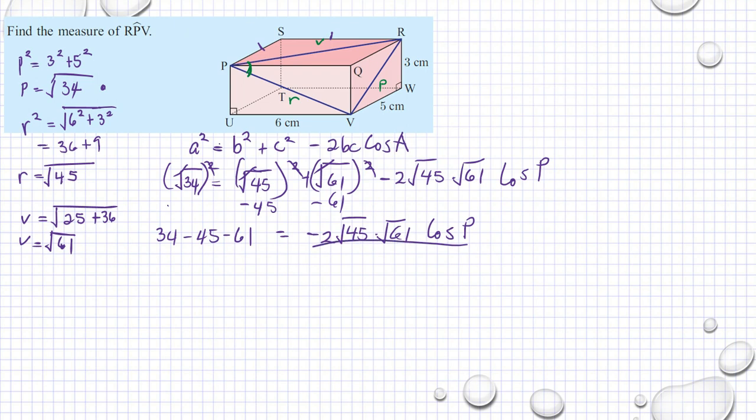If we divide both sides of the equation by negative 2 times the square root of 45 square root of 61, then what we get now is 34 minus 45 minus 61.